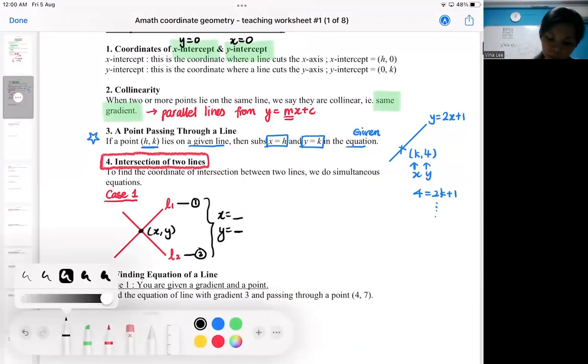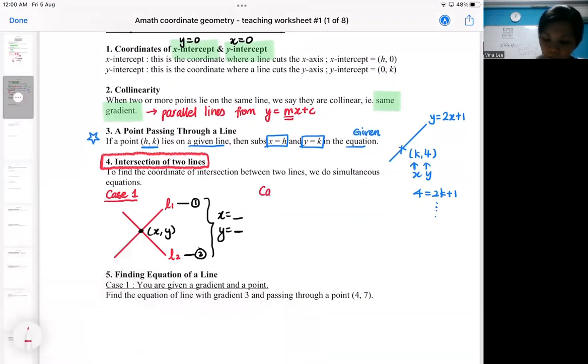Another case is you might get a curve, or you might get a circle later on. This will happen in the circle part. This is the one where you get two intersections.